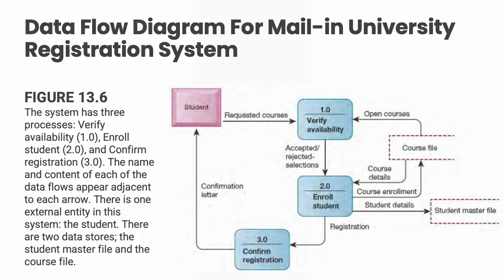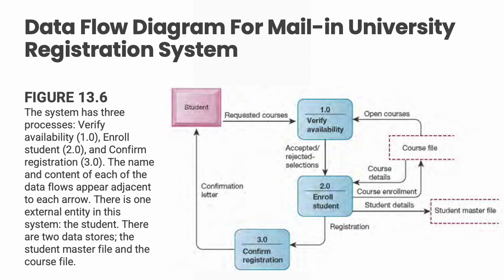Okay, so this is an example of a DFD, data flow diagram, and it's like a map that shows how the information moves in a system. The specific example is for a mail-in university registration system.